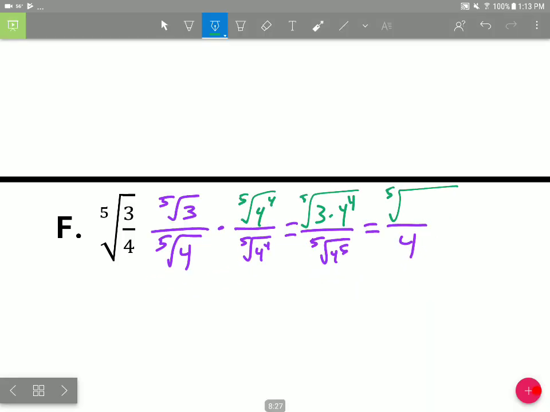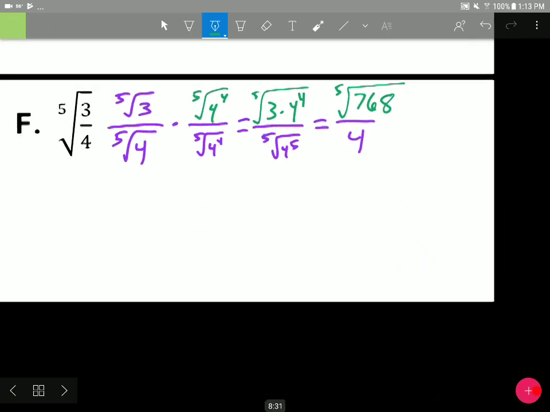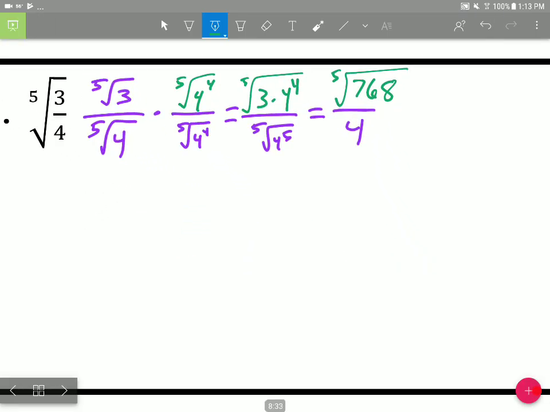Oh, that's where that number came into play. Did you get 768 on top? Yes. Cool. All right, where are you going to go from here?